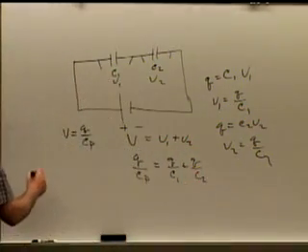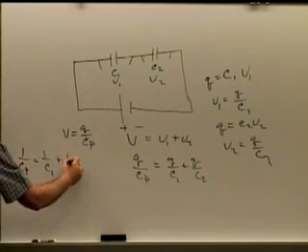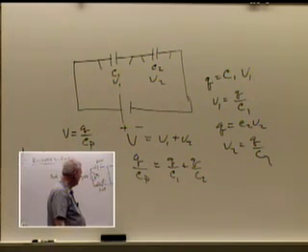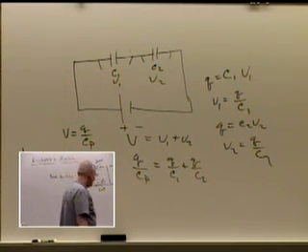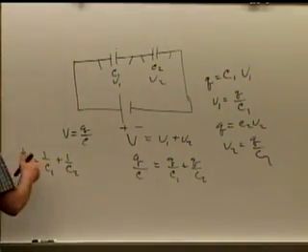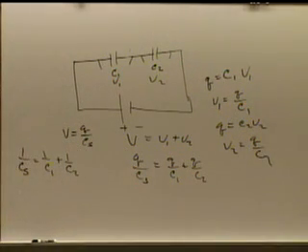I can divide out the Q's, and I wind up with 1 over CS equals 1 over C1 plus 1 over C2. That means series, yes. I still got resistors on the brain here. So the algebra for capacitors is just the opposite of the algebra for resistors.